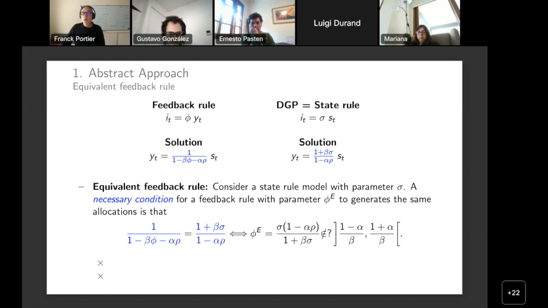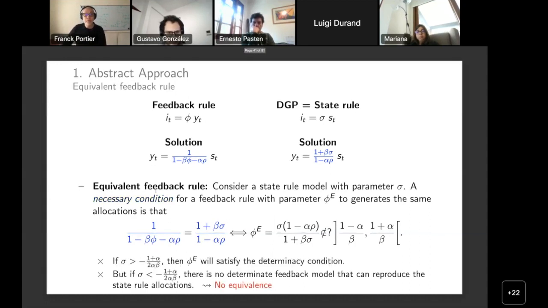Okay. So you see that those allocations may or may not be replicated by a model with a feedback rule. The conditions are not very important, but if sigma is bigger than this value, then my phi_e will not be in this interval. I will have determinacy, so I can replicate the same allocations.